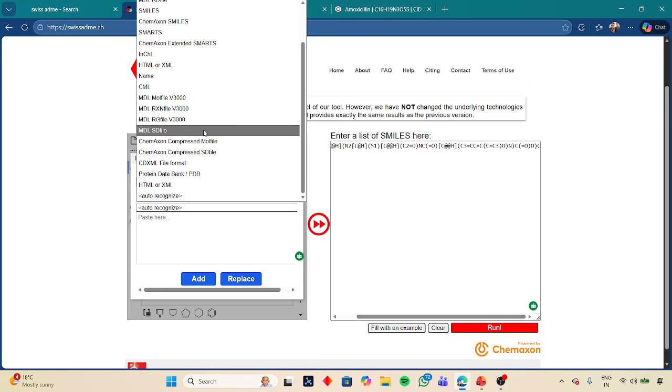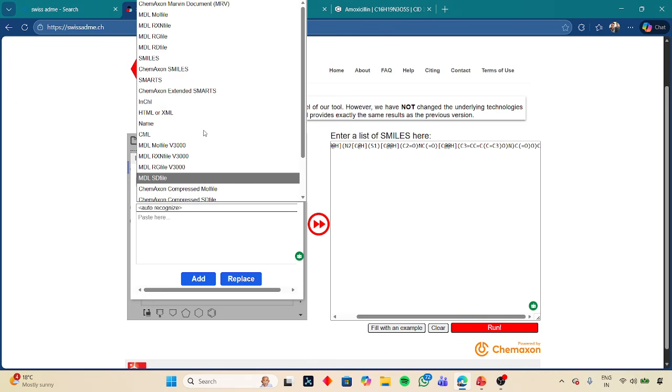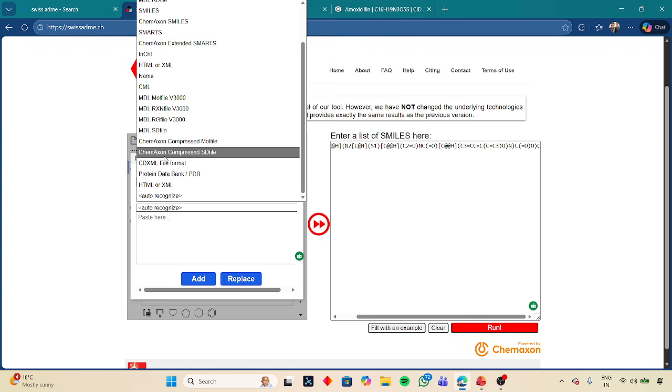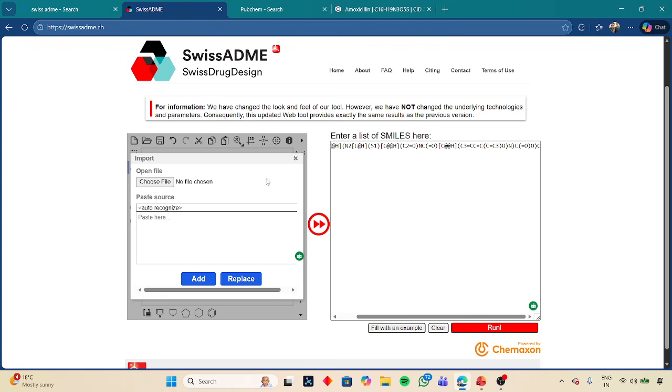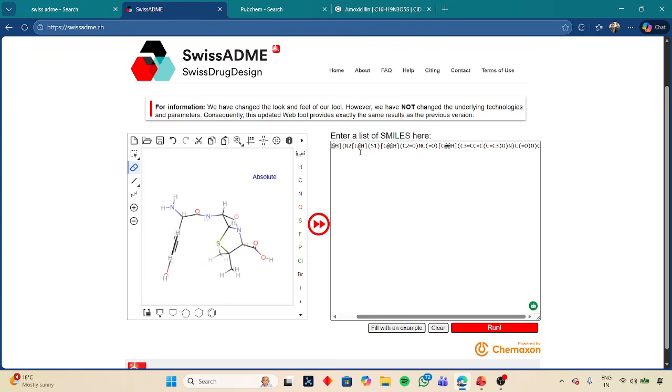The SDF format is here. Then we have other formats like the MDL format, mol files, and the PDB, Protein Data Bank format is here also. So you can simply enter the SMILES here, or go to import and import your structure here.